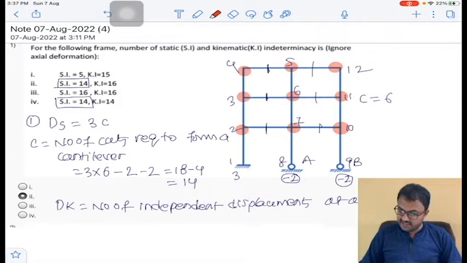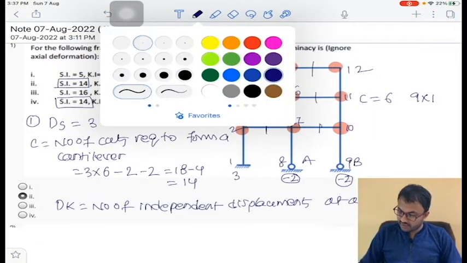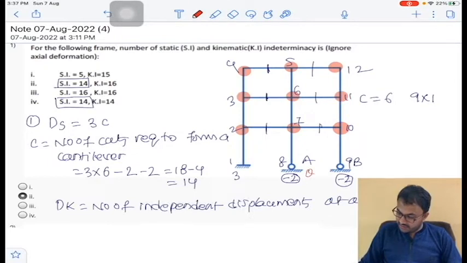So when axial deformations are 0, at these 9 joints, which I mark in red, there is one rotation each, that is 9 into 1, and there is one more rotation here at theta A and theta B. So 9 into 1 plus 2 is 11 total.